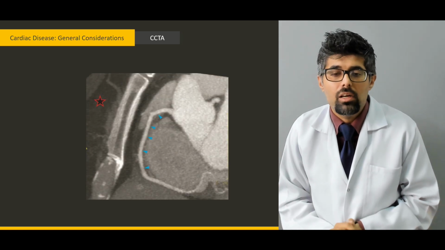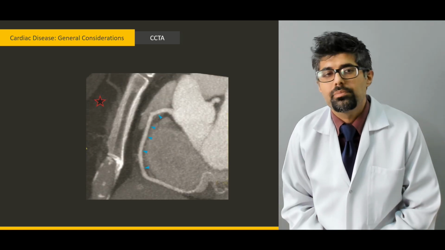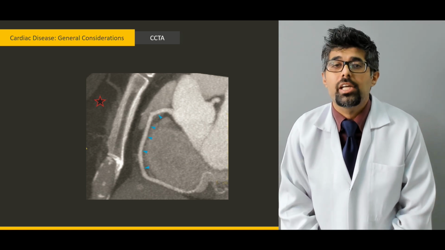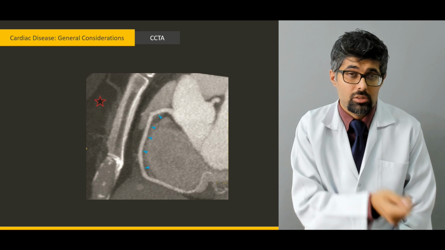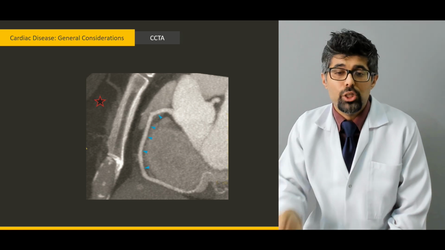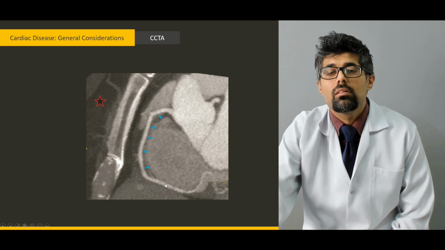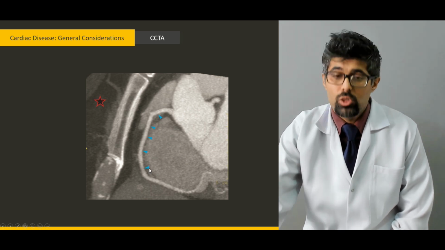An example here would be like this. This is an image generated by CCTA where the iodinated contrast was introduced, and then CT scan imaging was done.